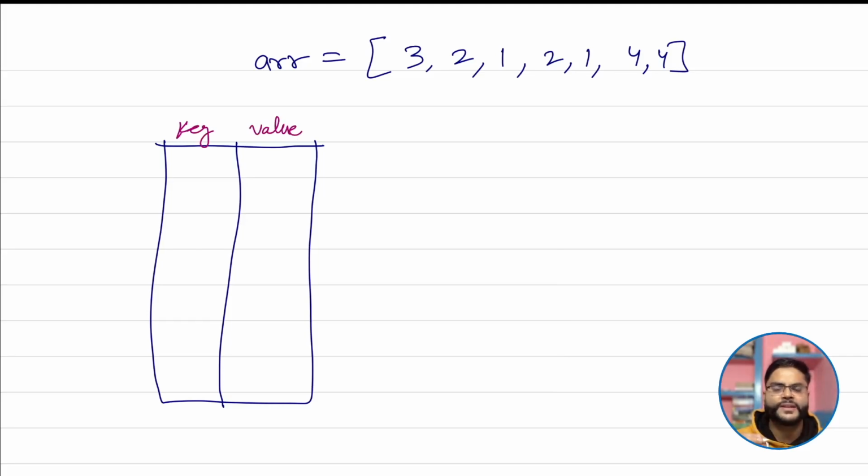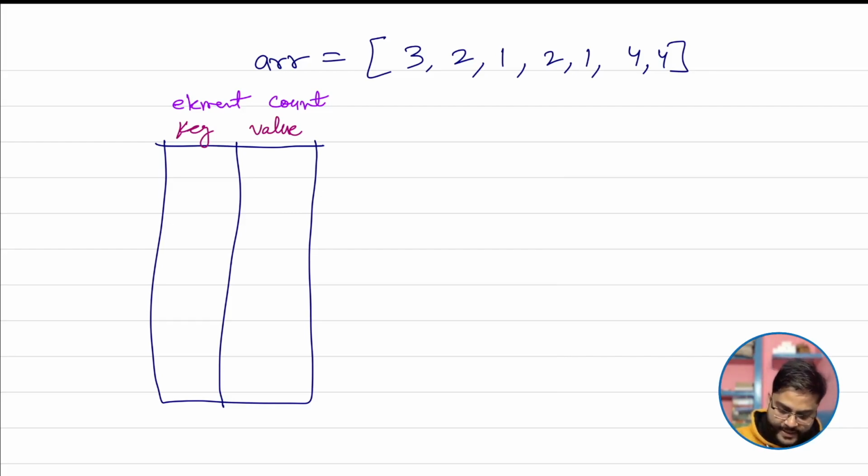In our case, I want to store element as well as its count, so the element will be our key and the count will be our value, and I will keep storing the element in our key and its count.